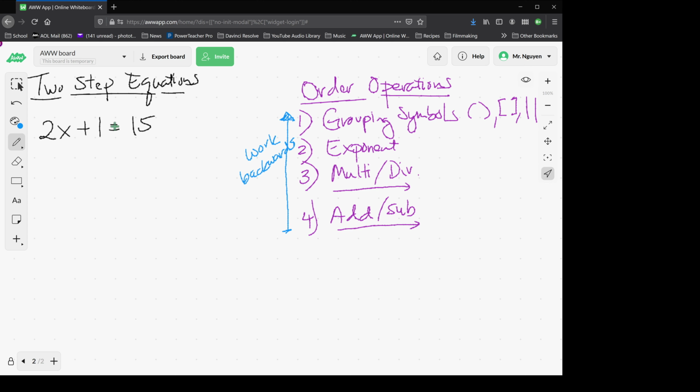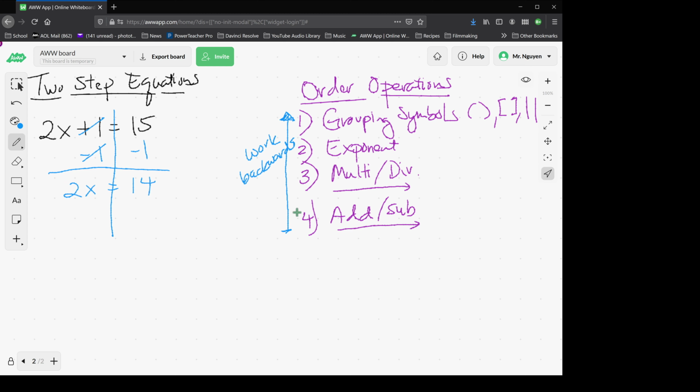Well, this, right? We're adding 1 to 2x. So we have to take care of that first. So instead of adding 1, we subtract 1. So on the left-hand side, notice the 1's go away, and we're left with 2x is equal to 14.